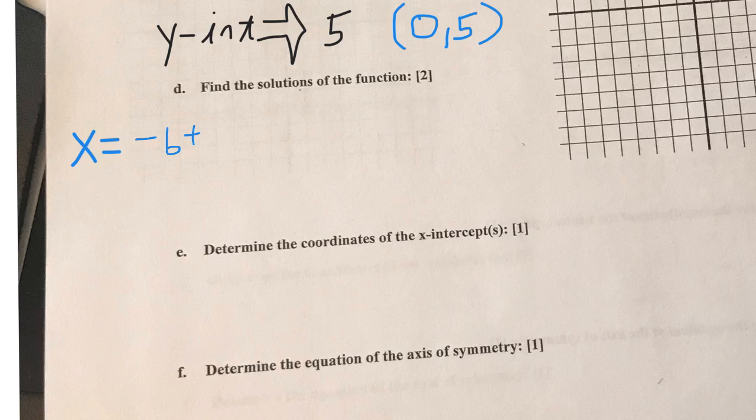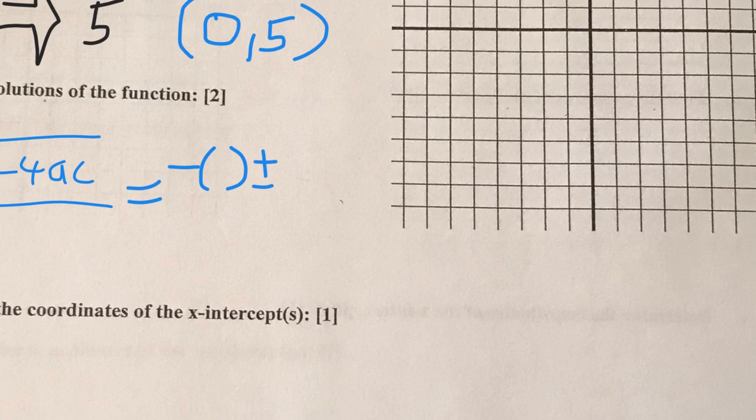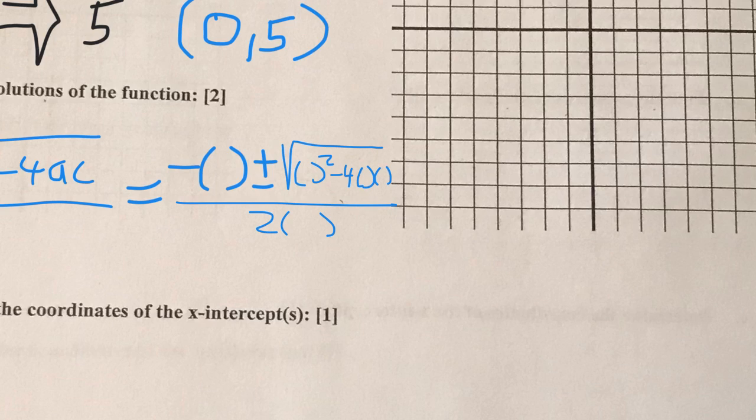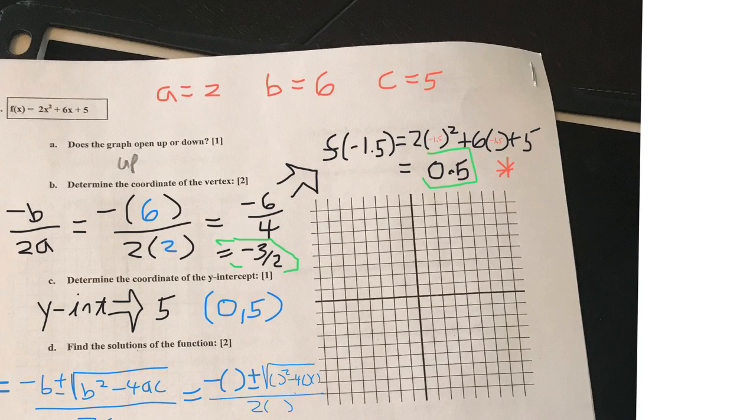Negative b plus minus the square root of b squared minus 4ac, all over 2a, and then we have negative empty parentheses plus minus radical empty parentheses squared minus 4ac all over 2 empty parentheses, and then you just plug it in with what you know a, b, and c is. A is 2, B is 6, and C is 5.